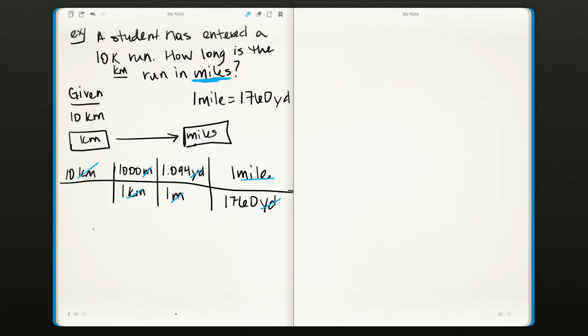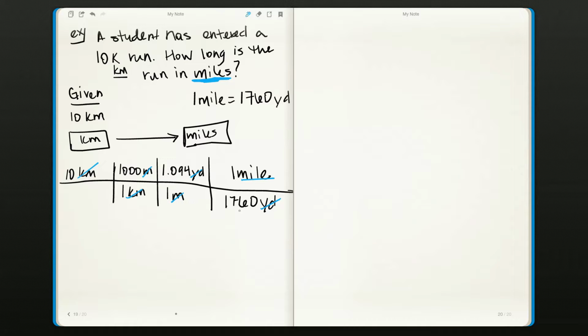Okay, so now we would go through and do the math. So 10 divided by 1 times 1,000 divided by 1 times 1.094 yards divided by 1760, and then times 1 would be the last step. So again, remember, if it's in the numerator, you multiply.